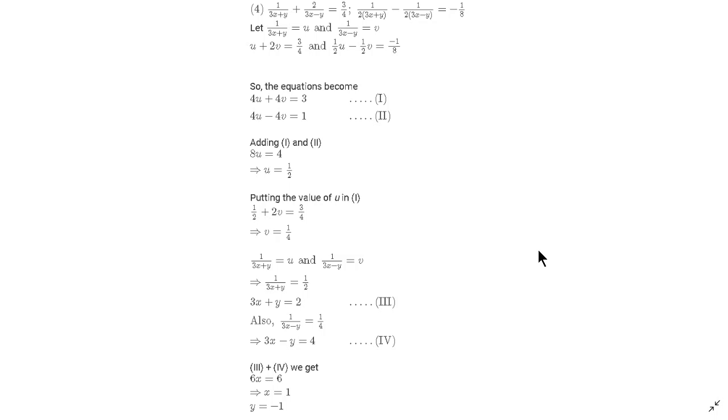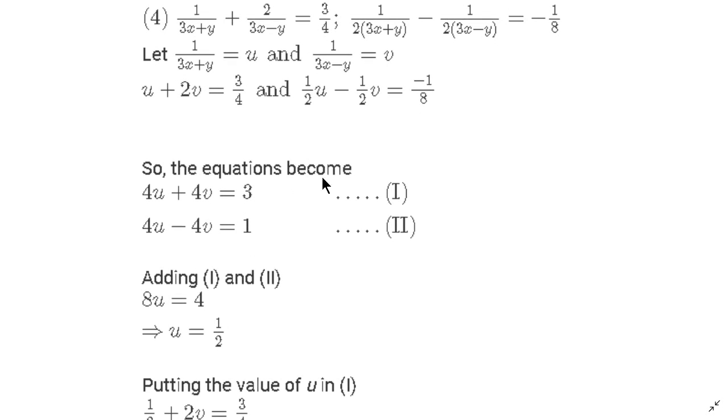Question number 4, which is the last example, I think. This is also a similar type of example which is not linear in nature, but we can convert it by substituting our new variables u and v. So we can see here, 1 upon 3x plus y is multiplied by 1, and here 2 is multiplied by 1 upon 3x minus y.